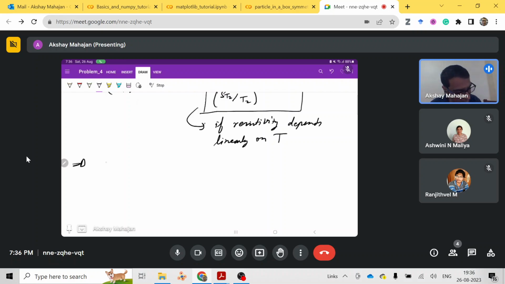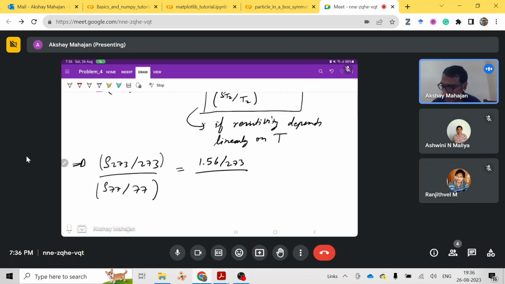First, rho of 273 divided by the temperature 273, temperatures are in Kelvin, divided by rho of 77 by 77. So we are going from 77 Kelvin to 273 Kelvin. Is this linear or not? This is 1.56 divided by 273, and this is 0.2 divided by 77.